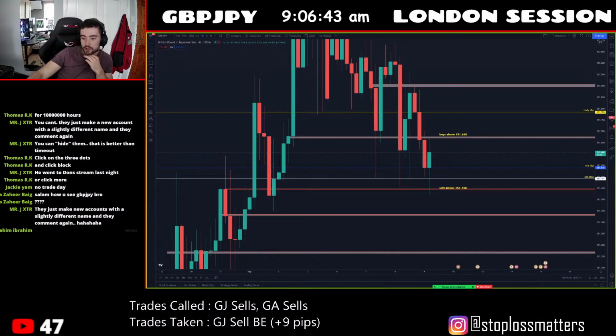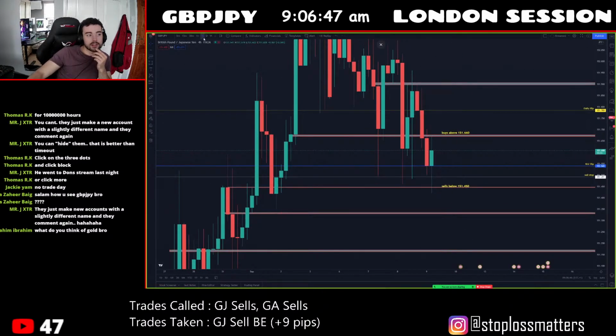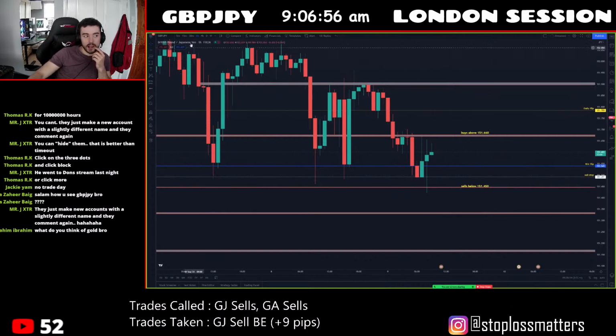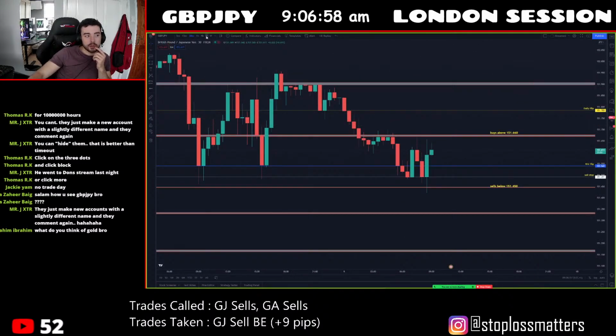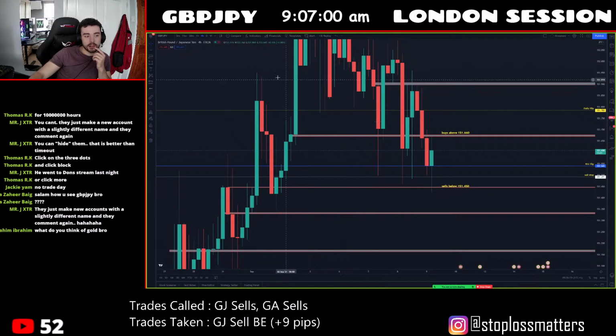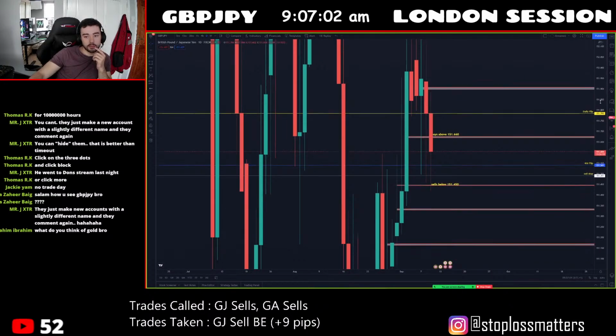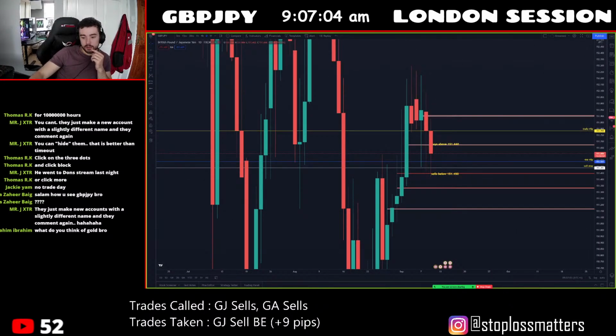Salam, how you see GJ, my boy? So I basically broke it down, but if you look at the 4 hour, we're rejecting these lows over here. This is a really big buy zone. And if you look at the hourly time frame, we're rejecting these highs. I generally think we're going to start to make some support. Look at the daily time frame. You can see before, we're making bullish structure.